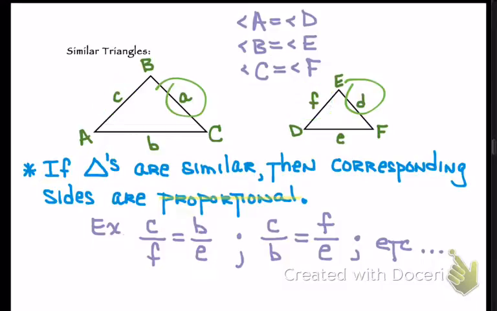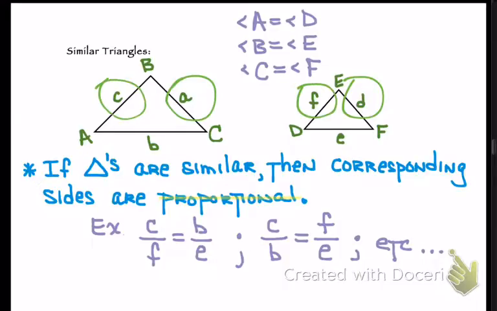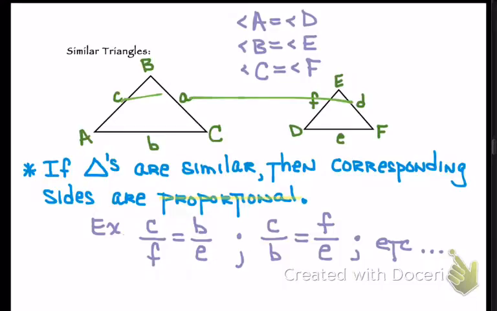I could do that. Just be careful, don't do this: A over D equivalent to F over C, right? If you're going to start by saying A to D, then it has to be C to F. Large to small has to be large to small. Don't mix them up, okay?